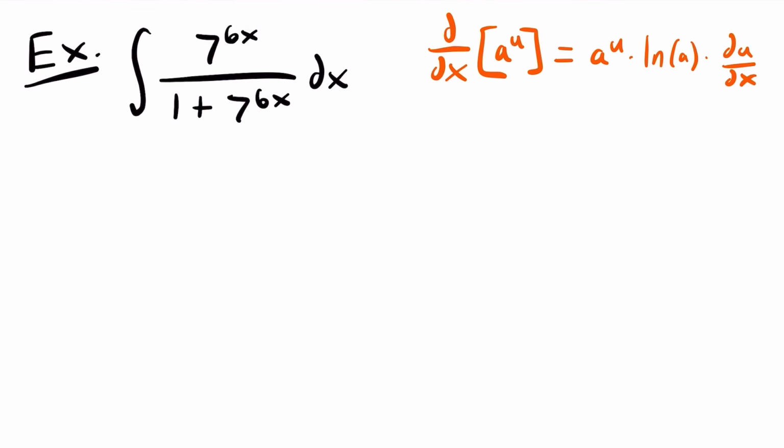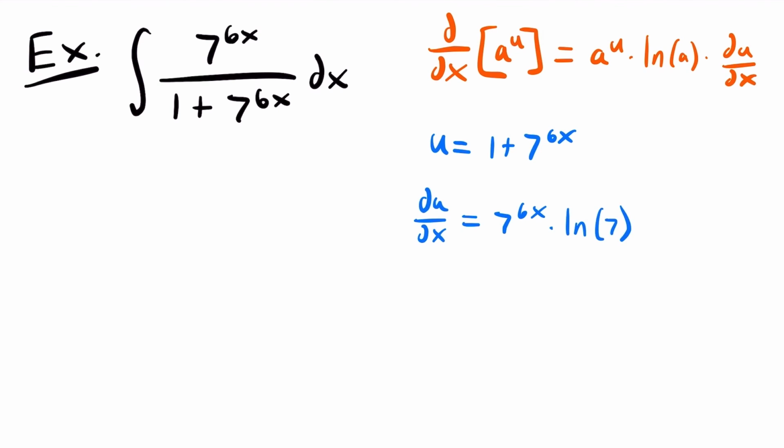And so if we do that, if we set u equal to 1 plus 7 to the power of 6x, then du/dx will be equal to the derivative of 1, which is 0 because 1 is a constant, plus the derivative of 7 to the power of 6x, which if we follow this derivative rule, will be 7 to the power of 6x times the natural log of 7, that base, times the derivative of the exponent, or in this case, 6x.